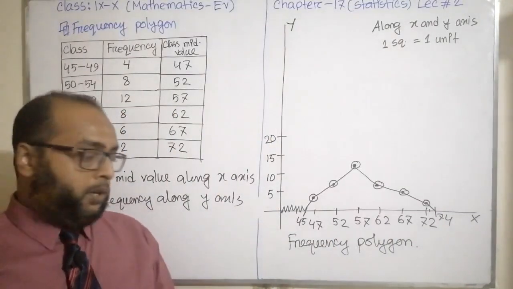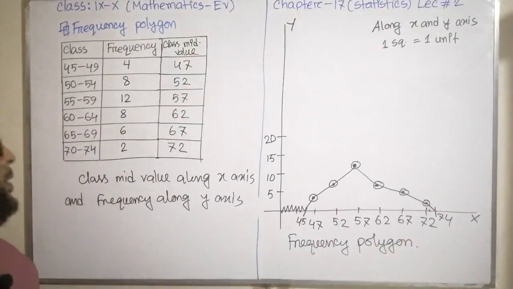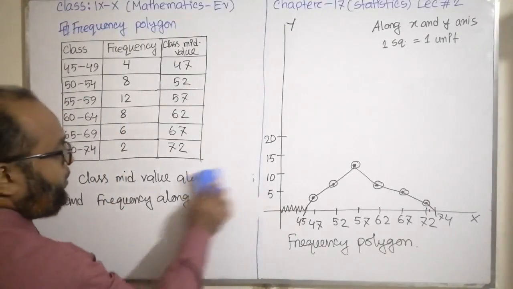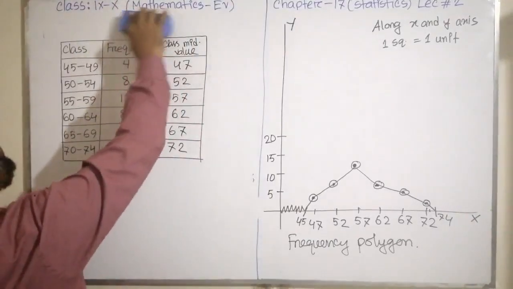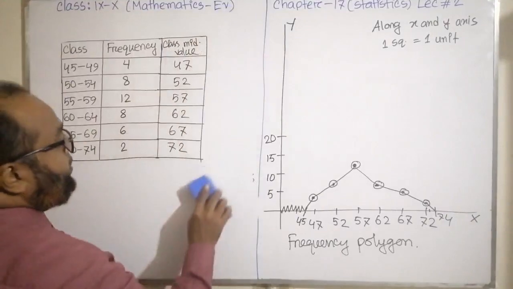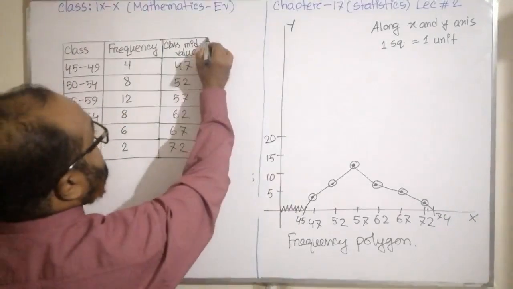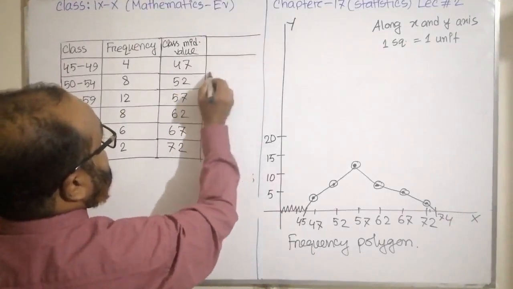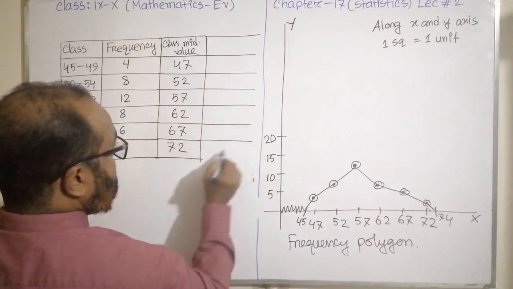Okay students, now we have to draw the graph of the histogram. You know, for drawing a histogram we need the class mid value and the indiscrete class.